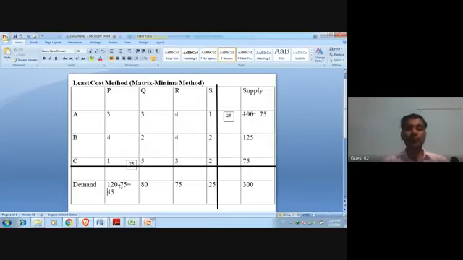Now again check in the remaining cells which cost is minimum.